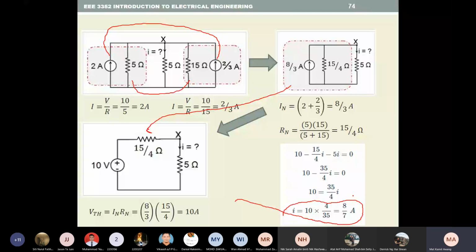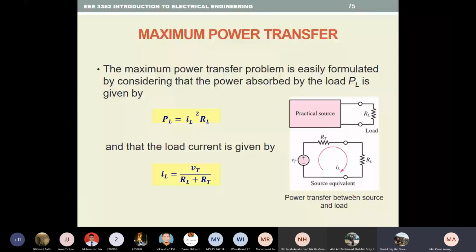So this is the maximum power transfer. I have another 2 slides to finish for this chapter. The maximum power transfer problem is easily formulated by considering that the power absorbed by the load is given by PL equal to IL squared times RL. This is the power to the load.